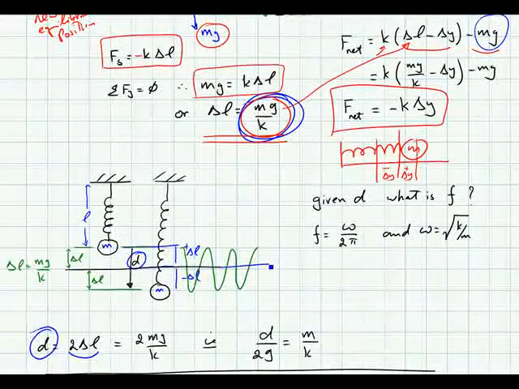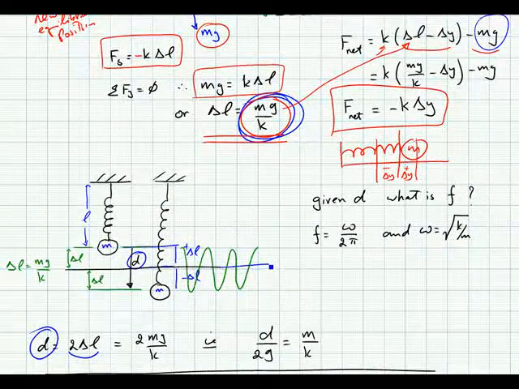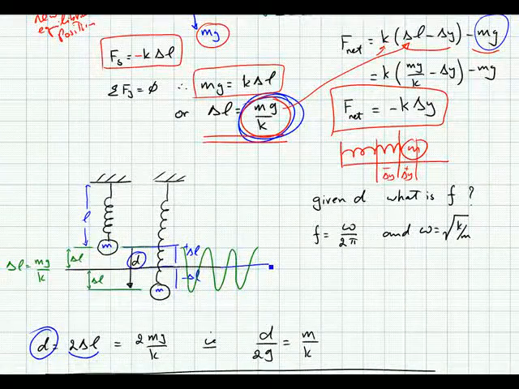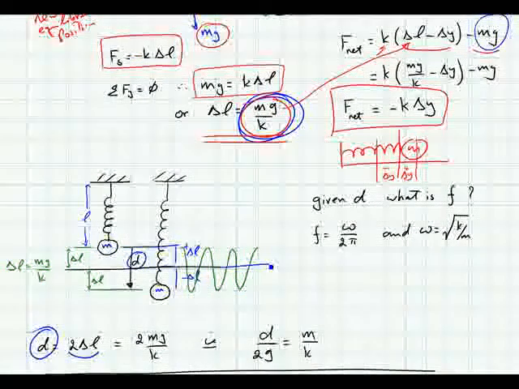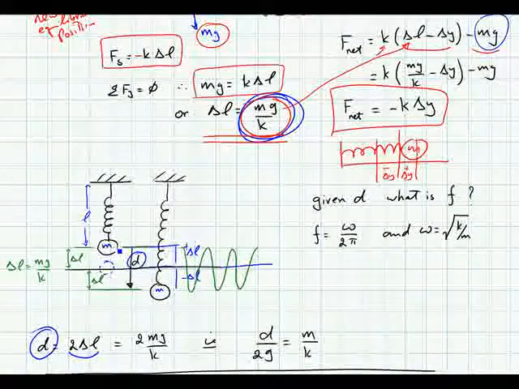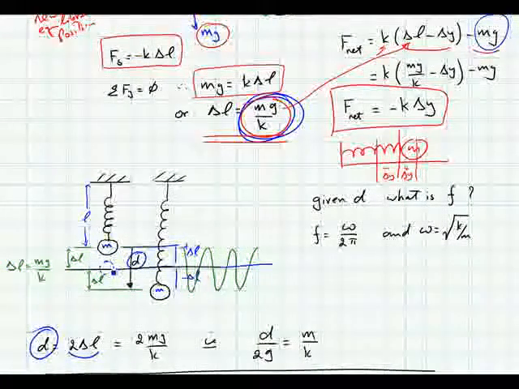equilibrium position. Now if you were to lower the mass gently, then it will simply stop at this equilibrium position. However, when you let go of the mass, its potential energy gets transformed into kinetic energy.